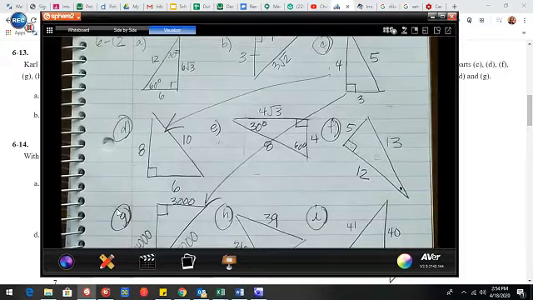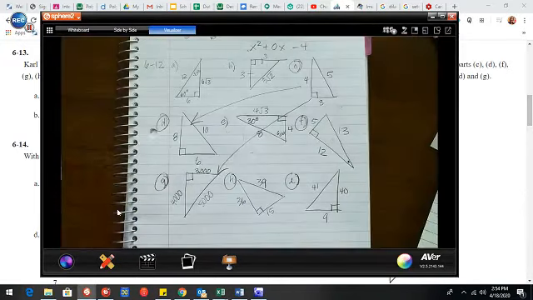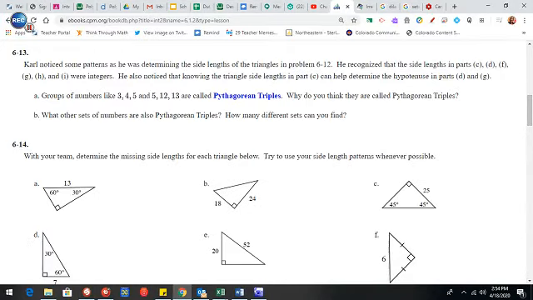And there is a connection there that you hopefully will notice here. Okay. Groups of numbers like 3, 4, 5, and 5, 12, 13 are called Pythagorean triples. Why do you think they're called triples?